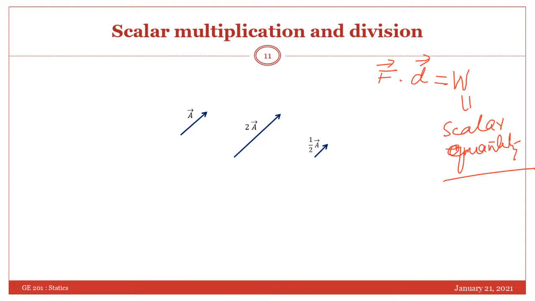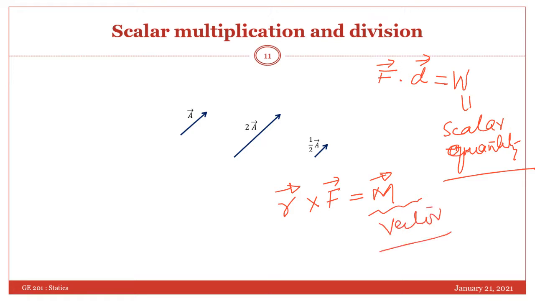On the other hand, if you multiply a position vector, which I will discuss later, and a force vector, your answer will be moment M. In this case the answer is a vector, whereas before it was a scalar. So when you multiply two vectors, your answer may be a scalar or a vector.